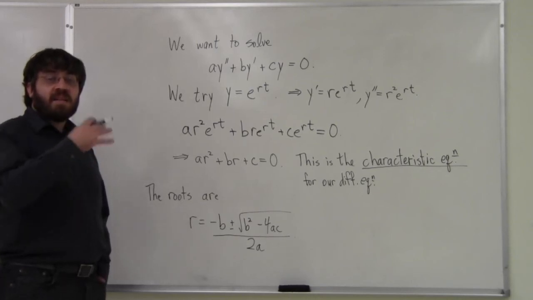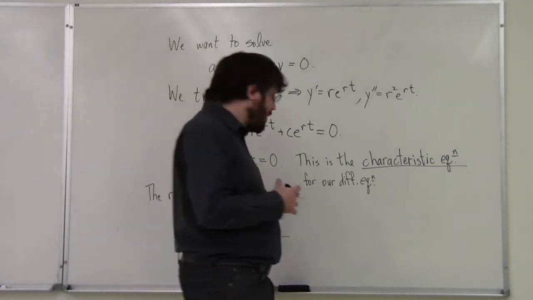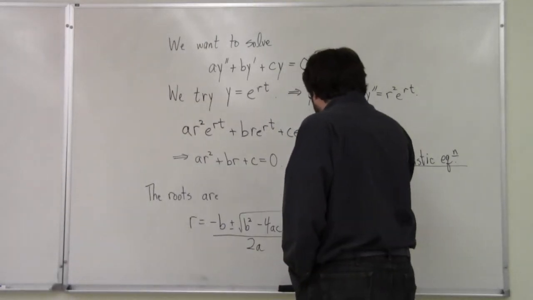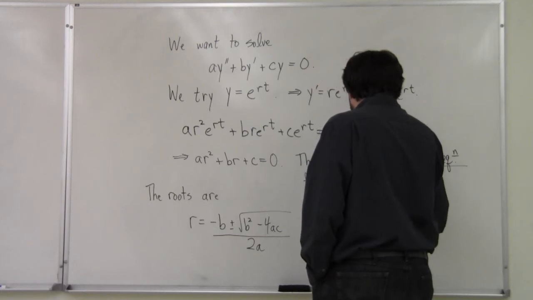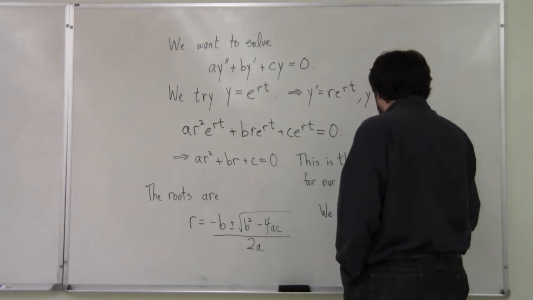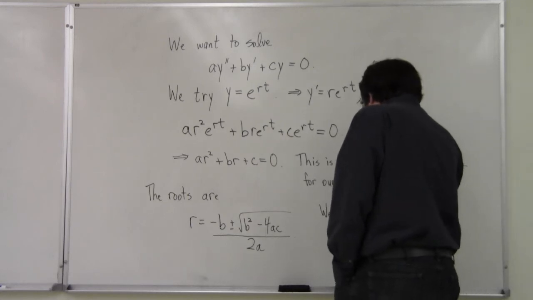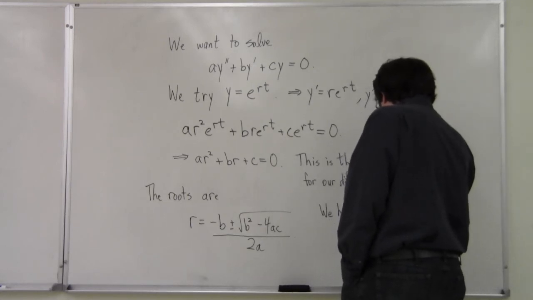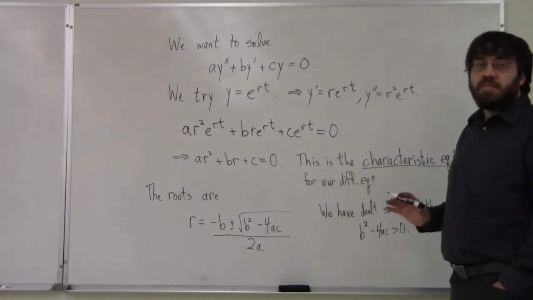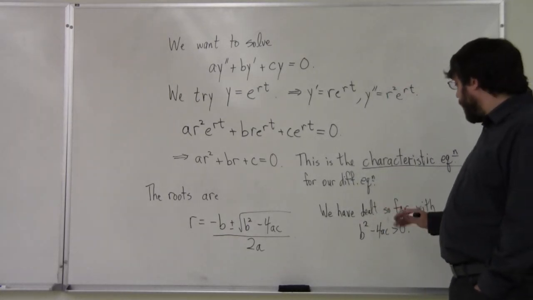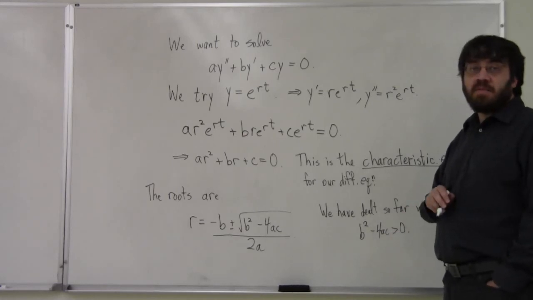We have thus far dealt with the case b^2 - 4ac is positive. So both of the examples that we did, if you go back and check, fall into the category b^2 - 4ac is positive.